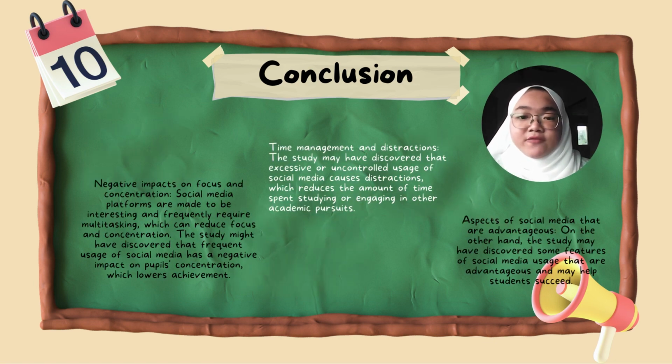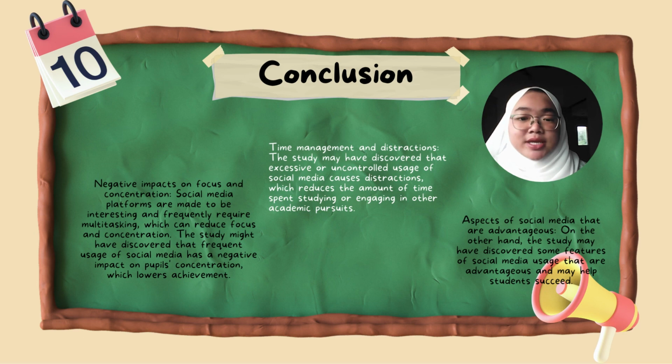Number three, negative impact on focus and concentration. Social media platforms are meant to be interesting and frequently require multitasking, which can reduce focus and concentration. The fourth one is time management and distraction. The study may have discovered that excessive or uncontrolled usage of social media causes distraction, which reduces the amount of time spent studying or engaging in other academic pursuits.